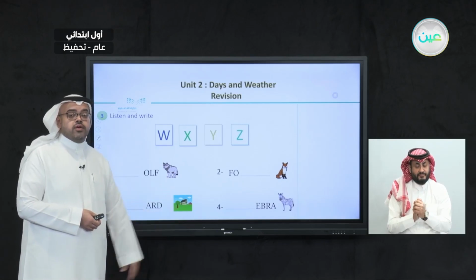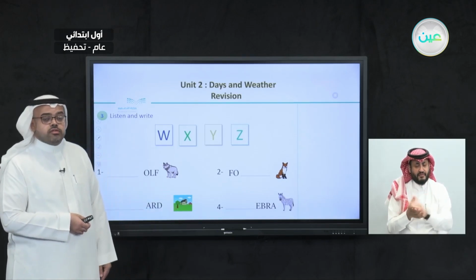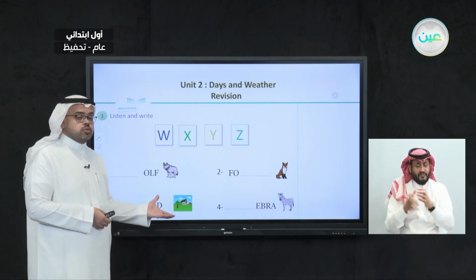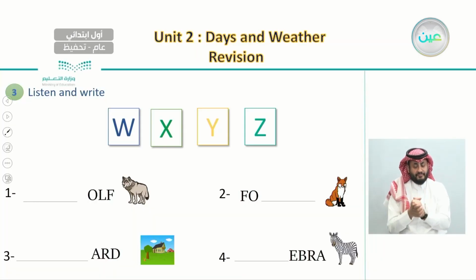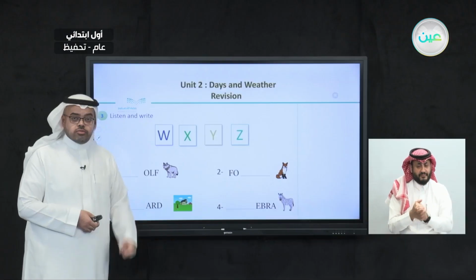So here we have an exercise with these letters where we need to fill in these blanks with the missing letters, one of these 4 important letters. After we do this, we need to read the words again and say them together.